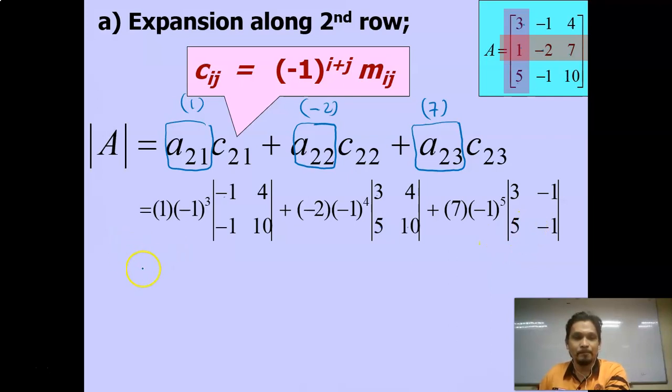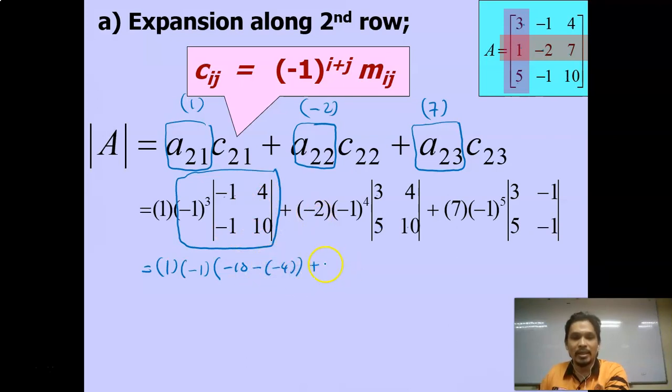So then, 1 times the result of this: negative 1 times 10. Negative 1 to the power of 3 is negative 1. Negative 1 times 10 equals negative 10, minus 4 times negative 1, negative 4.